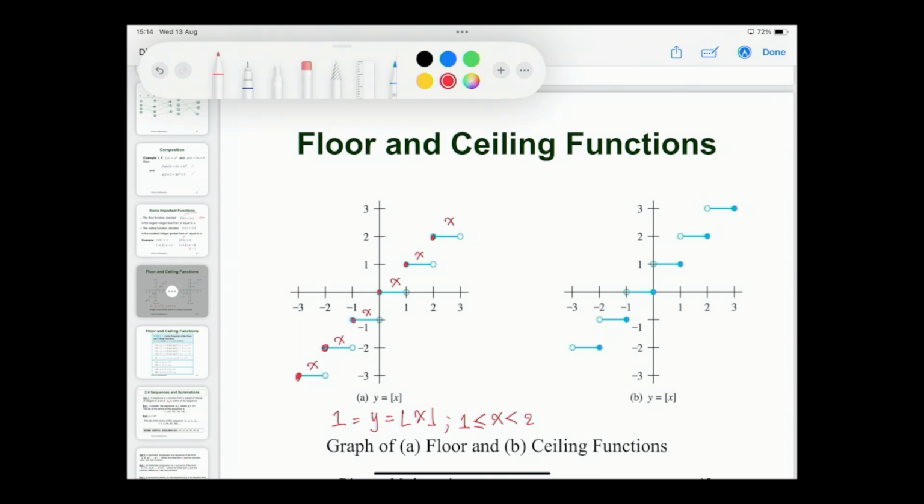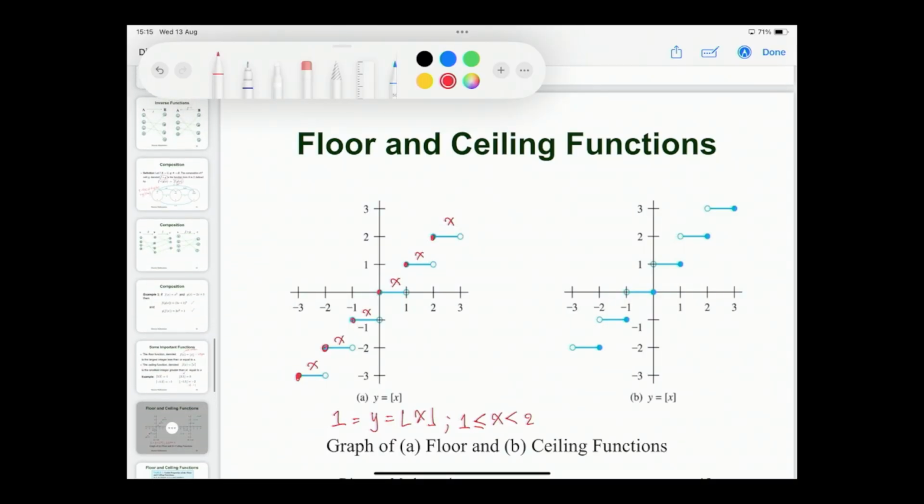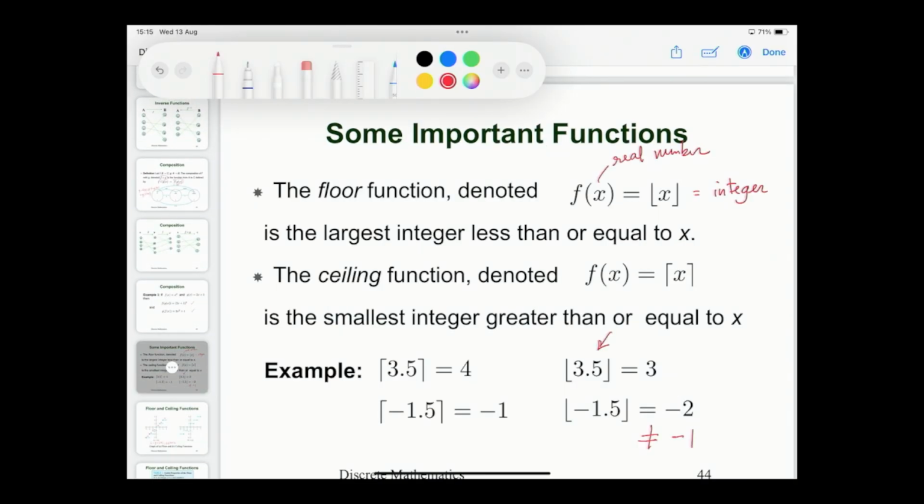But for the ceiling function, the result would be opposite. That is, the result is the smallest integer that is greater than or equal to x. Let me go back to the definition here. The ceiling function, we use this sign.